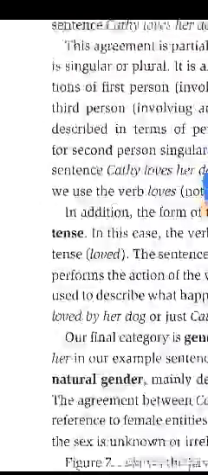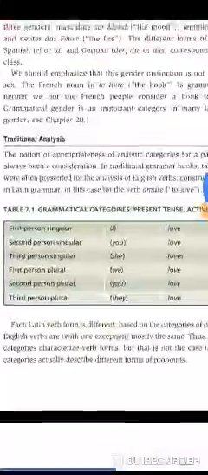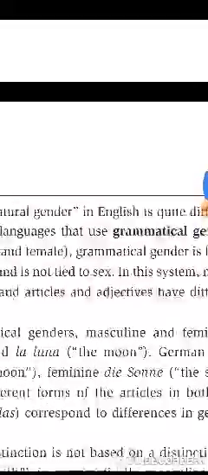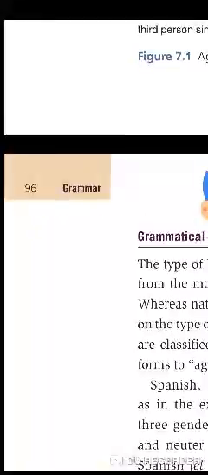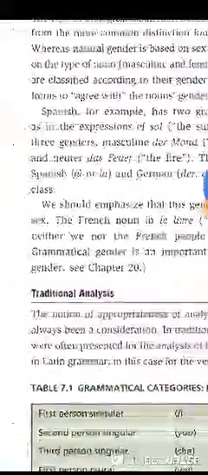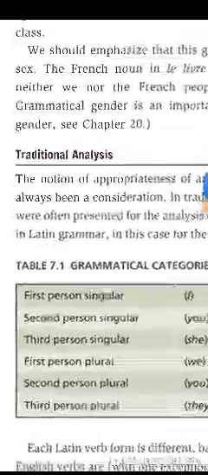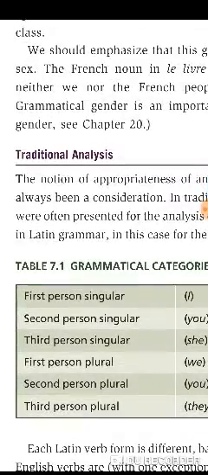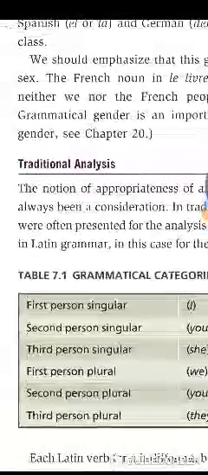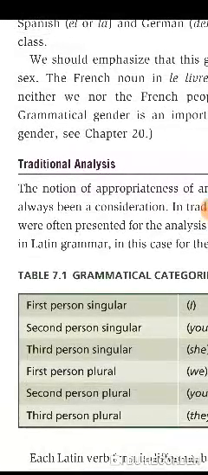Now let us sum everything up here on page 96, I suppose. Yes. The grammatical and traditional analysis says something like this for the verbs. Look: first person singular, second person singular, third person singular, first person plural, second person plural, and third person plural.